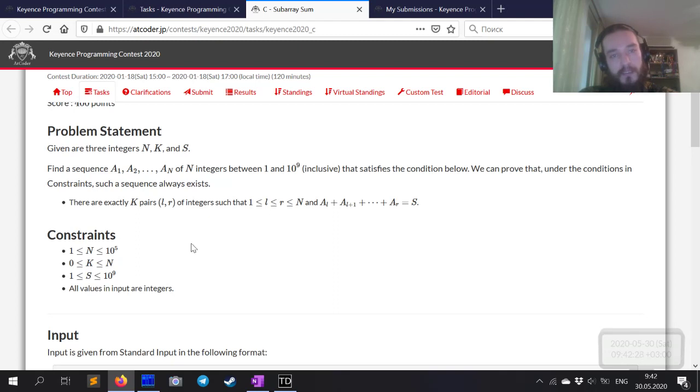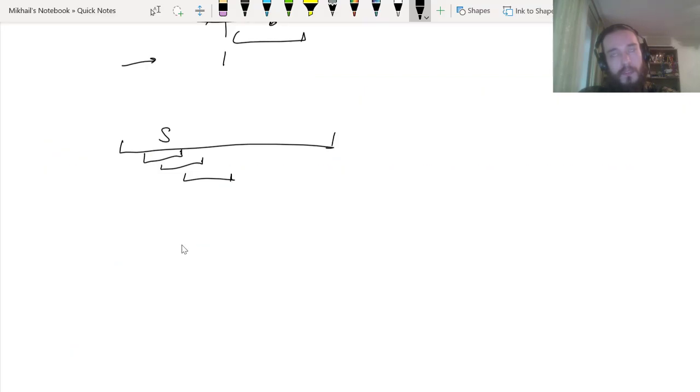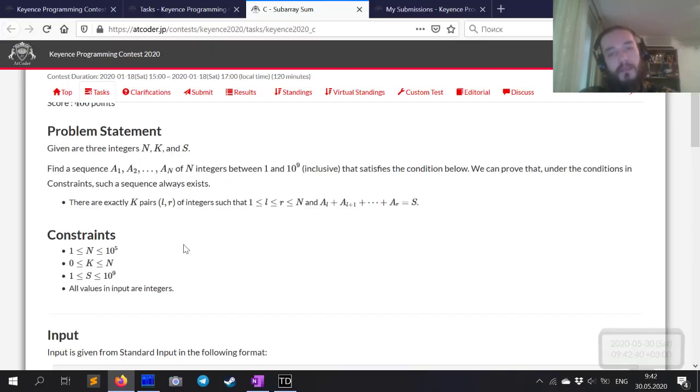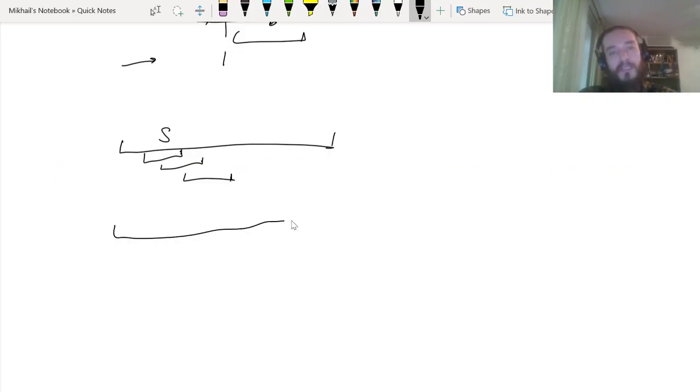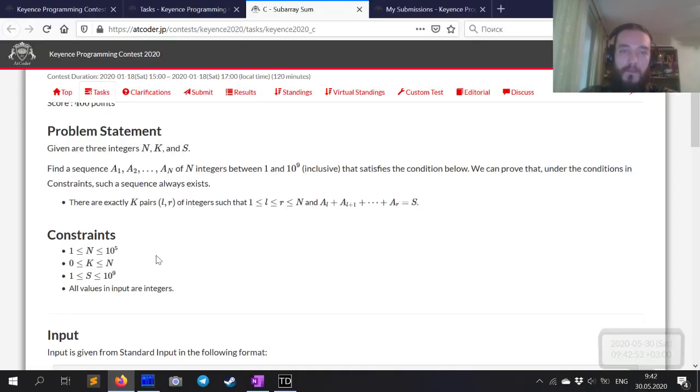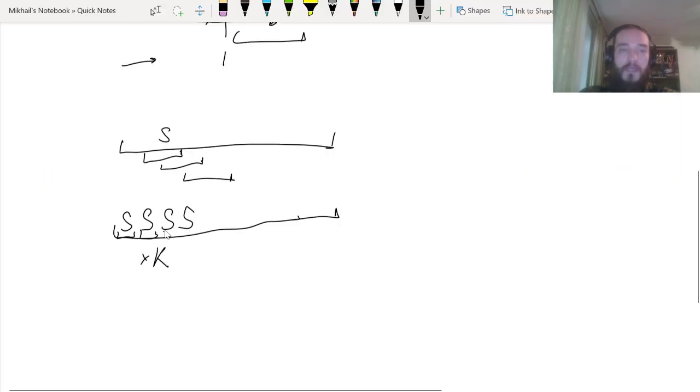But then we can just, one case is when all these ranges are just one element. So if we place k copies of s, then each of these is going to be a good range, right?